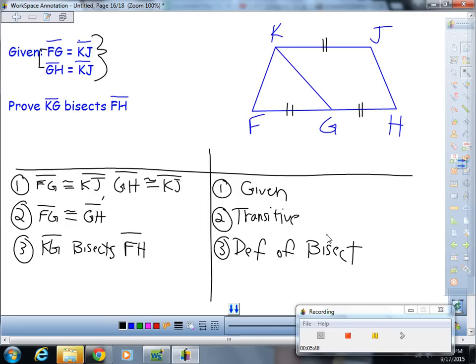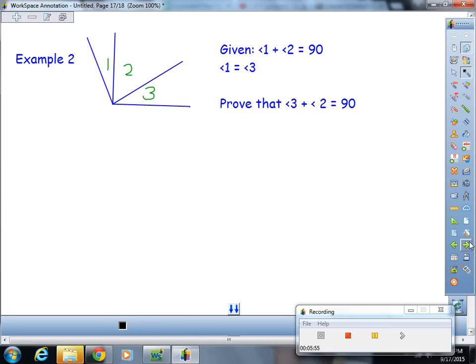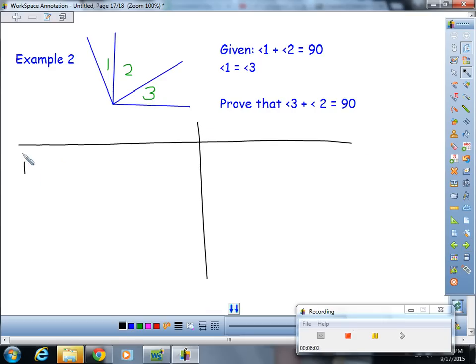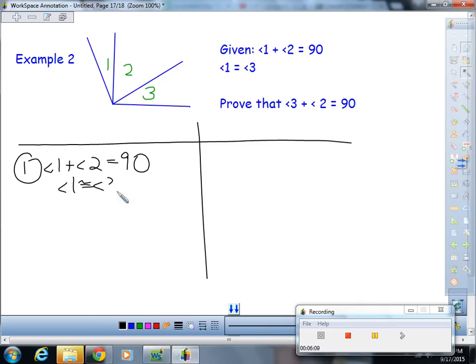Okay? And finally, one more quick little proof involving substitution. So we are given that angle 1 plus angle 2 is equal to 90. And angle 1 is congruent to angle 3. Okay?